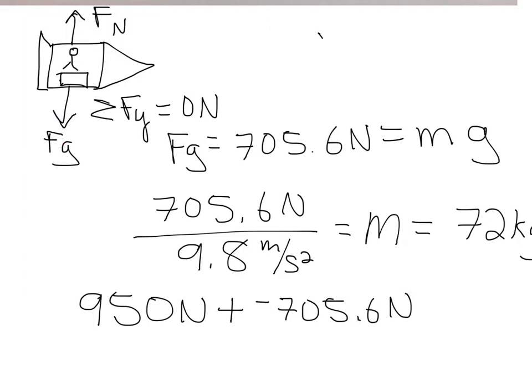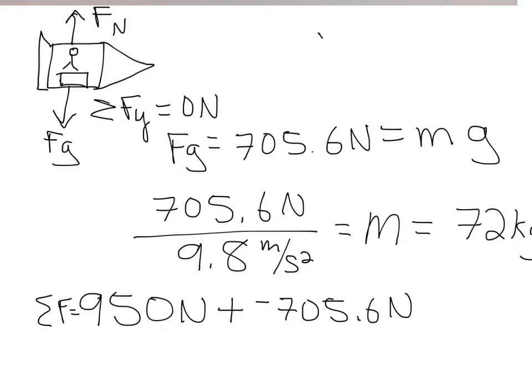No matter what, he always has that acting down. When the airplane wasn't accelerating up or down, it was just flying horizontally, the normal force was a positive 705.6 newtons, and so the sum of the forces was zero. But now the sum of the forces is not zero.